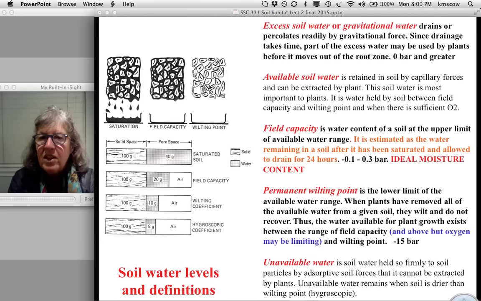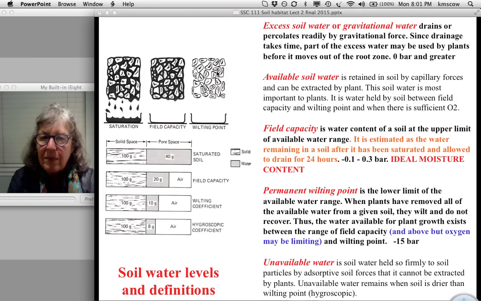Then the next condition, these are cardinal moisture contents: saturation, field capacity, and wilting point. Wilting point is the condition in soil where water remaining is no longer available to plants. Plants have tapped into the water in field capacity and used it up.